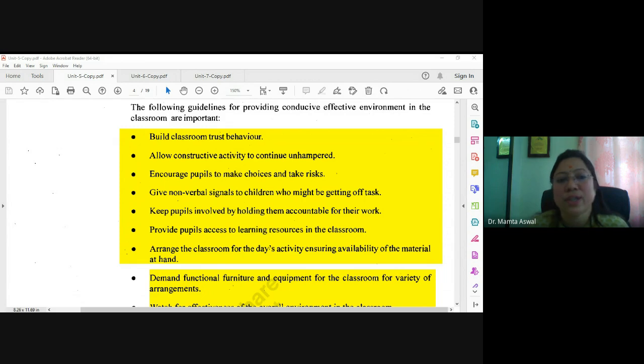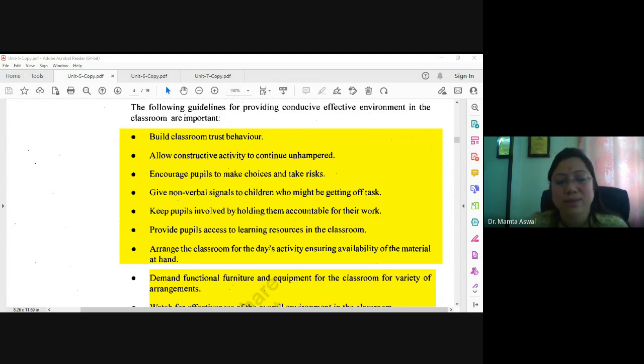Any kind of teaching aid which you are utilizing inside the classroom, the child must be given opportunity to touch the things, to see the things. If the teacher has developed a model for the students, the child must be given an opportunity to see that particular model, to touch it, to feel it, to discuss with the teacher what is happening.